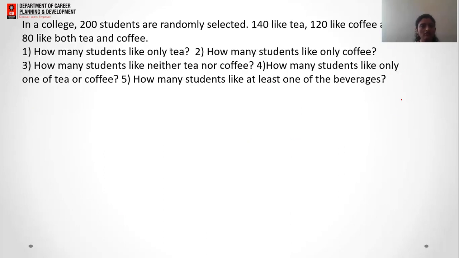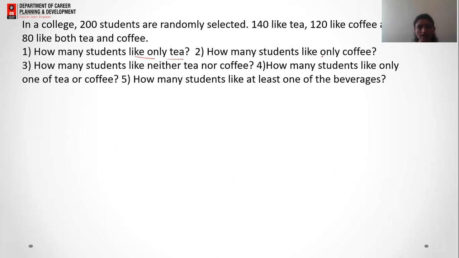If in a college 200 students are randomly selected, 140 like tea, 120 like coffee and 80 like both tea and coffee. So how many students like only tea?